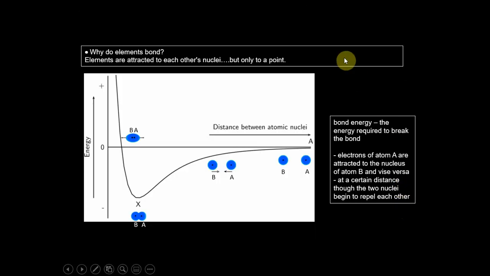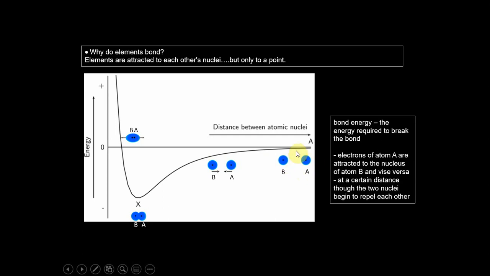What happens in terms of the bonding, though, is that there's always energy involved, and the potential and kinetic energy changes with how the bonding works. So, for example, if we bring two atoms together, let's start out here where they are infinitely far apart.